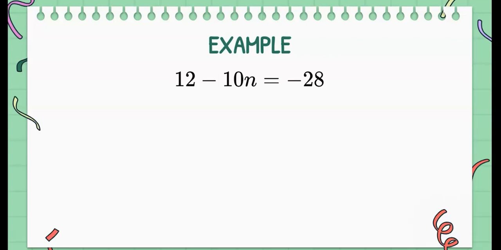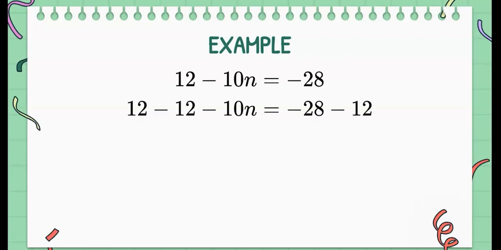The first thing we need to do is deal with that constant term. Since I have a positive 12, in order to cancel out a positive 12, I need to use subtraction. And remember our golden rule for solving equations: whatever you do to one side, you must also do to the other side.